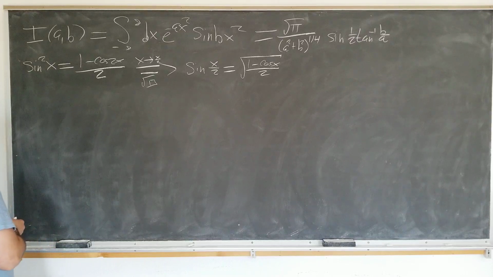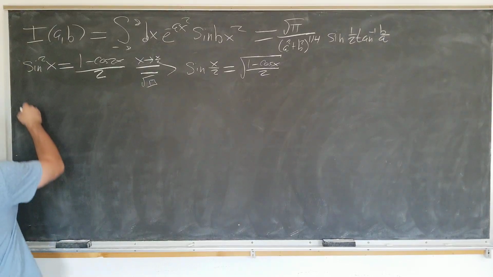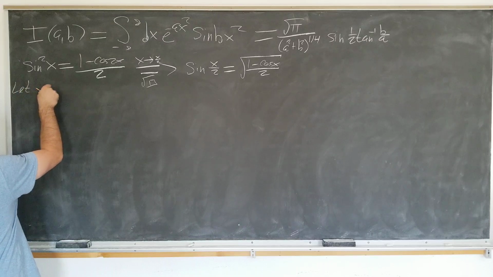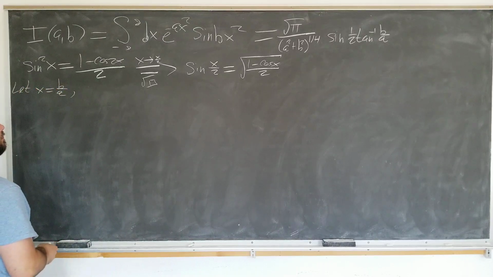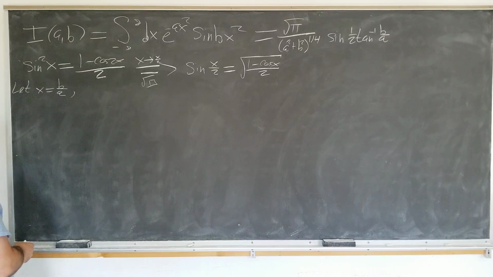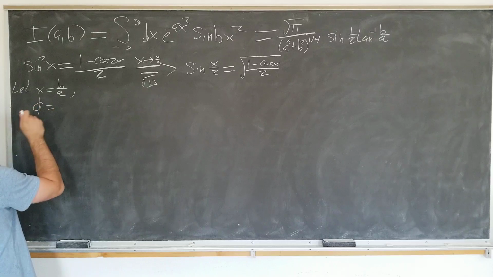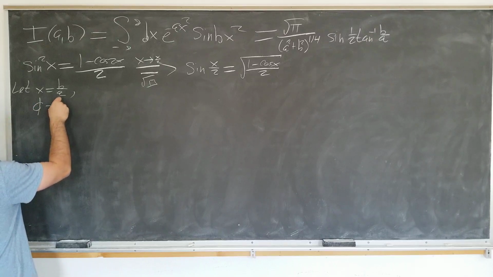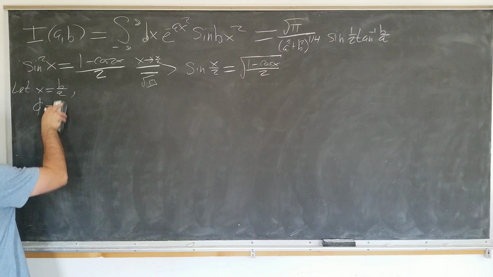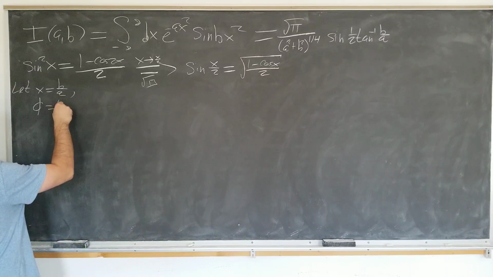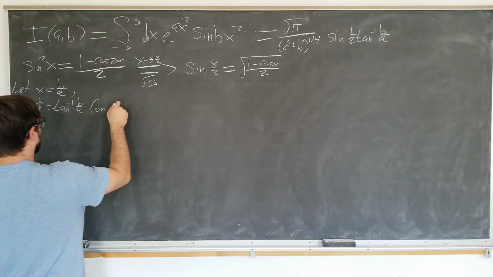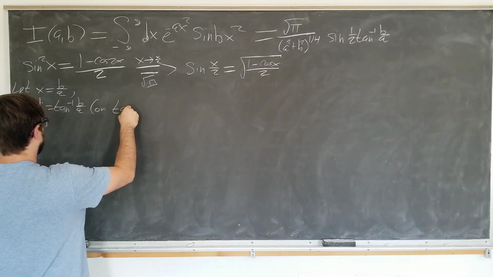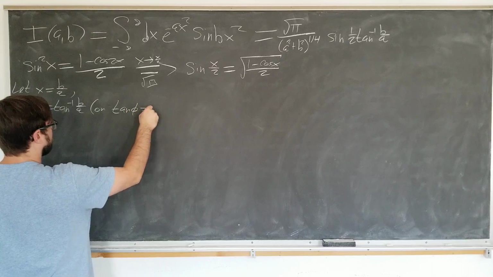Slight abuse of notation here: I'm going to define a different x. So let x be b over a. And we're going to let phi be equal to not 1/2 inverse tangent, but just inverse tangent of b over a, or tangent phi is equal to x.